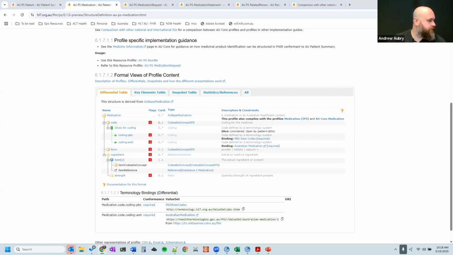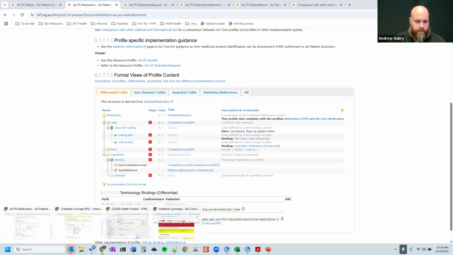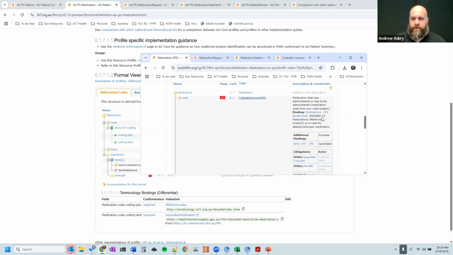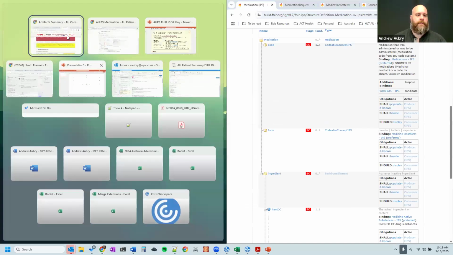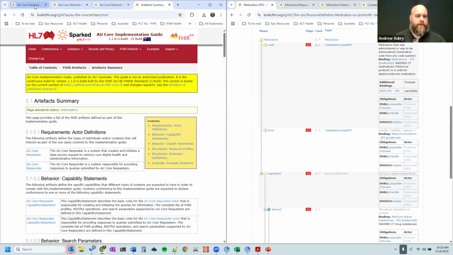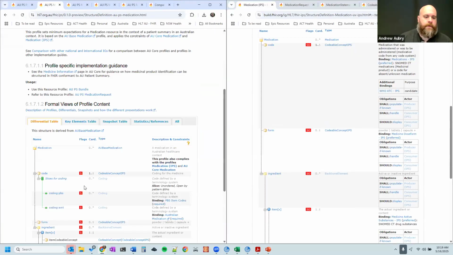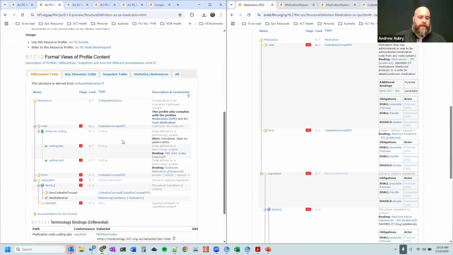So the IPS prefers a preferred binding of SNOMED CT medications, while the preferred bindings we inherit, or the slices we inherit from core, are PBS and AMT.